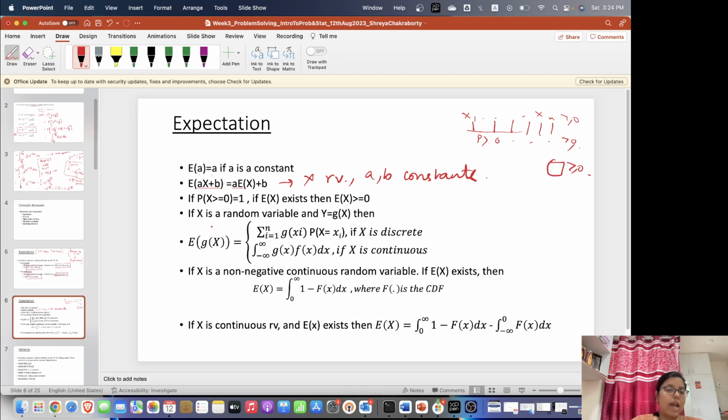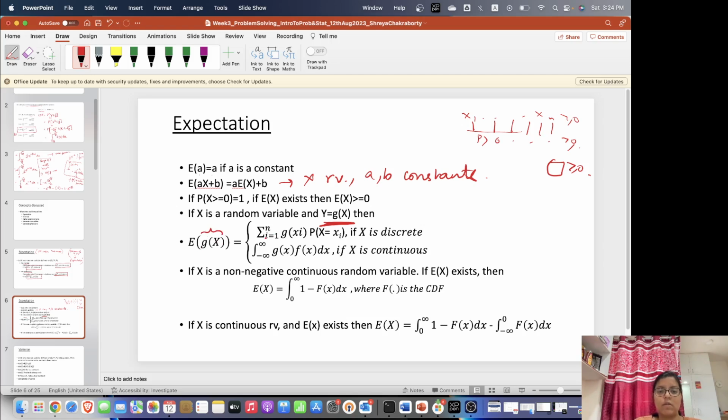Also, if we have a random variable and we have some function of that random variable, then depending on whether the original random variable is discrete or continuous, we can just write expectation of gx instead of x. Now our quantity of interest is gx.